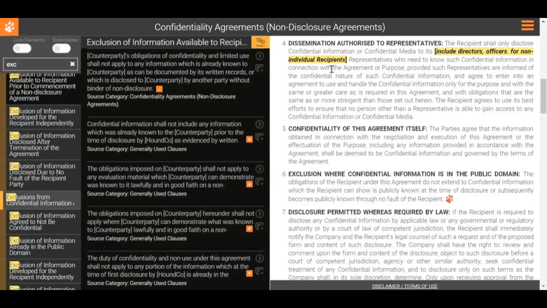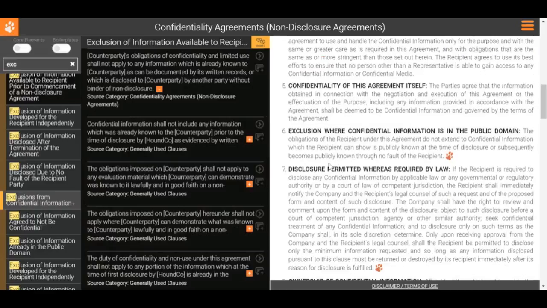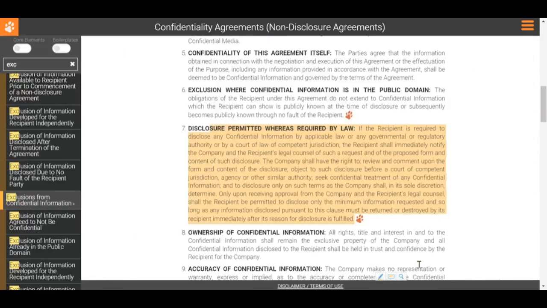And those things, as said, are exclusions related to items such as information in the public domain, information held by the party or developed independently, and information that is to be compelled to be disclosed if required by law. The last item, disclosures permitted where required by law, is often included in a confidentiality agreement.